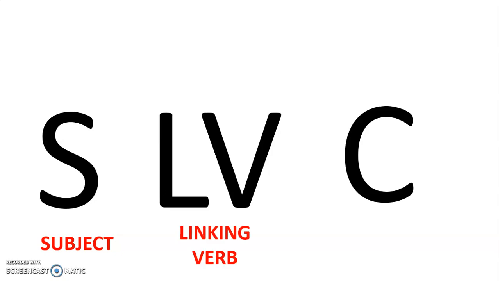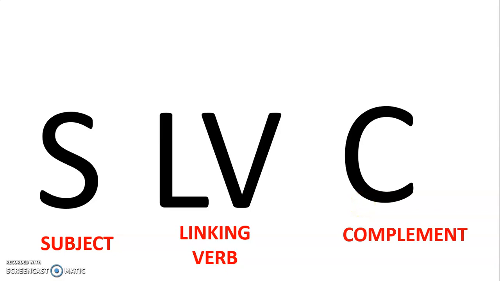It is a linking verb. So there are three kinds of verbs. Remember that. The first one is the linking verb. The second and the third are the ones we discussed last time, which are transitive and intransitive verbs. Now, as I recall, S stands for subject, LV stands for linking verb, and C stands for complement.